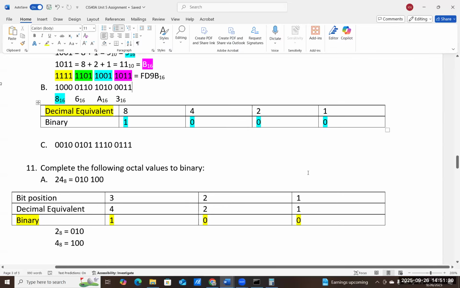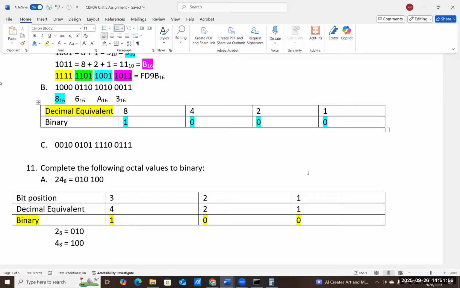Okay? So if we take the octal value 24, we can't say 24 because it's not a decimal number. 24 in octal, we need to convert it into binary. Similar to what you did with the decimal and the hexadecimal, you use the same scale, but only for 3 bits. So 1, 2, 4, and it stops there, right?